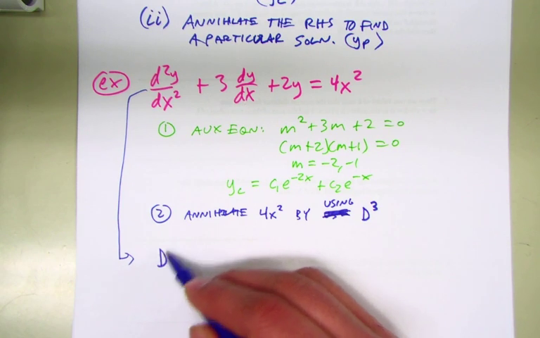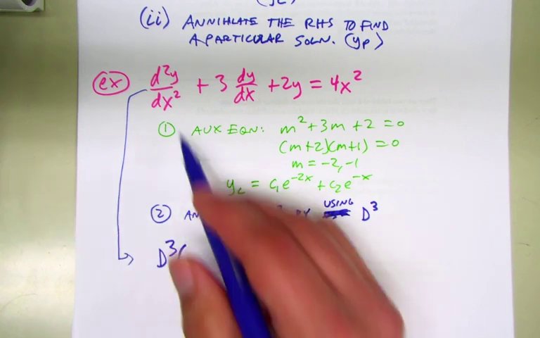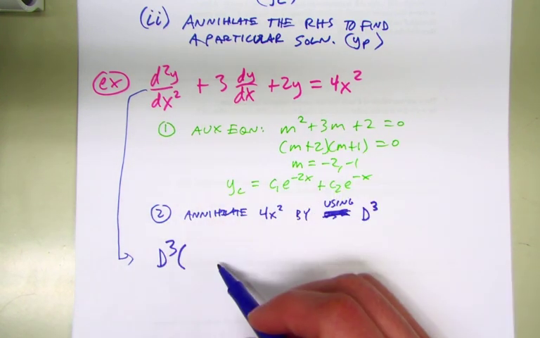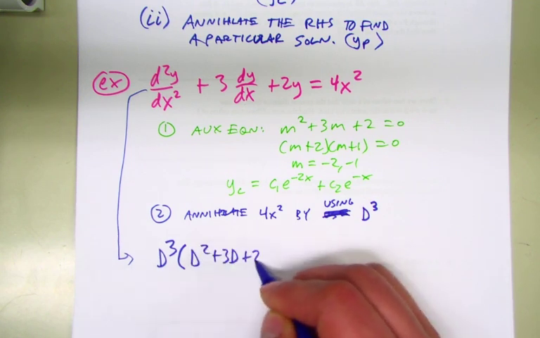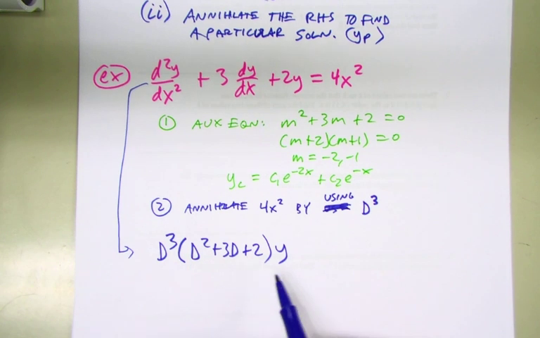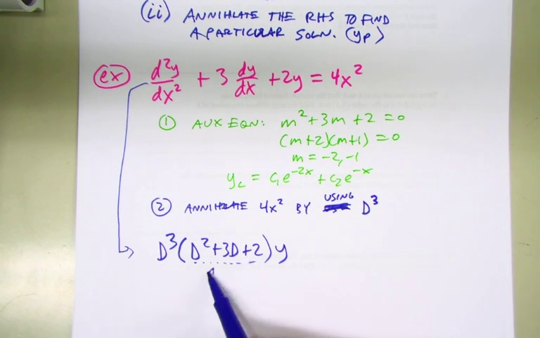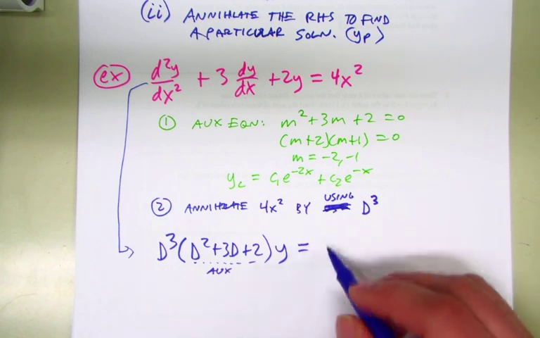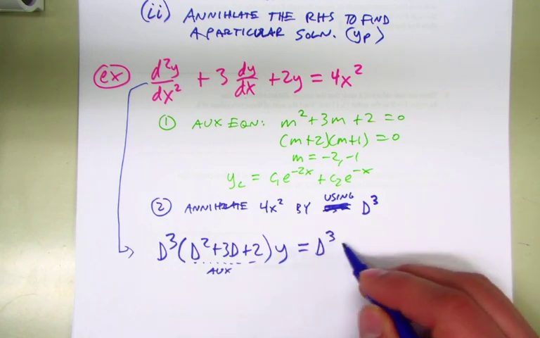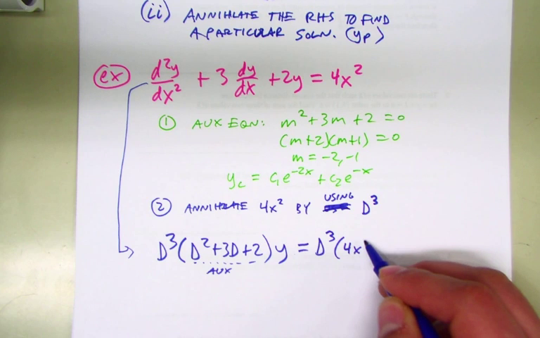So now we're going to have d cubed. And by the way, I'm going to rewrite this now in differential operator form. So that would be d squared plus 3d plus 2 times y. And this should look just like the auxiliary equation, because it is. And now on the right-hand side, we'll have d cubed applied to 4x squared.